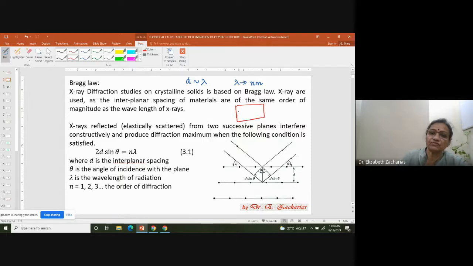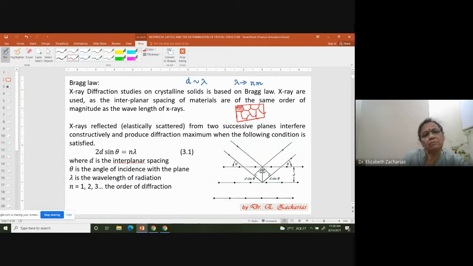So what happens is, first of all, if this is a material, it will be made up of a number of crystals or crystallites. You studied this in SPM. Now, within each of these crystallites, you will find little crystals, the unit cells, or you will find atoms which are making different planes.